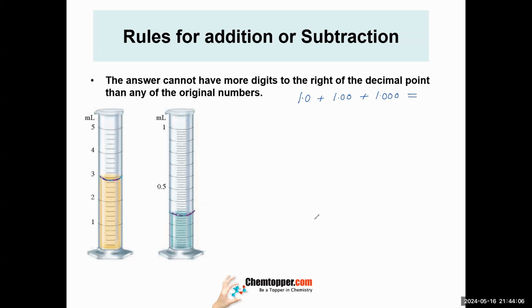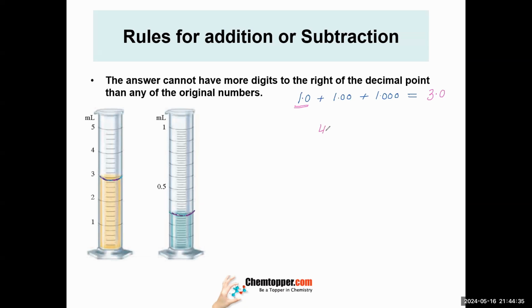Then according to the significant figures rule, my answer will be only up to one decimal place, because this number has one decimal place. It means the final answer is you just add them, and of the 3 digits after the decimal, you're going to take only one digit. That's the rule.